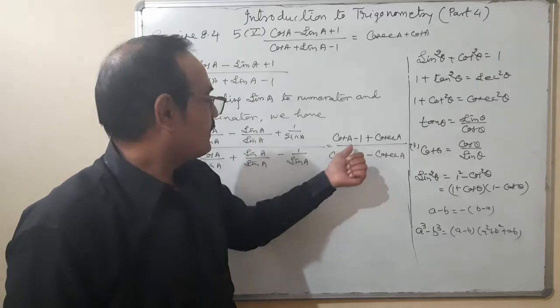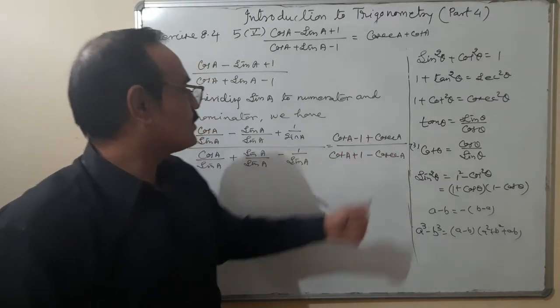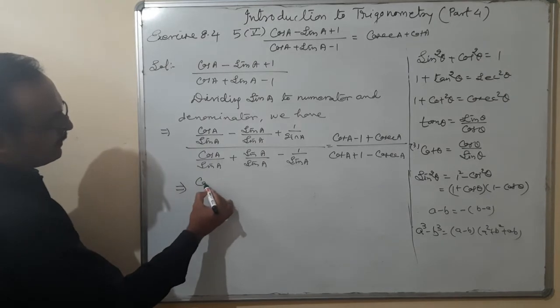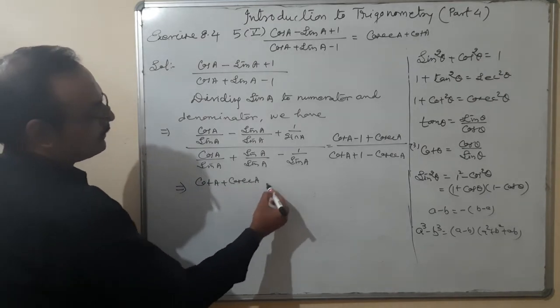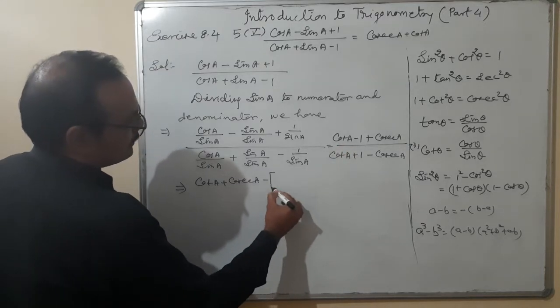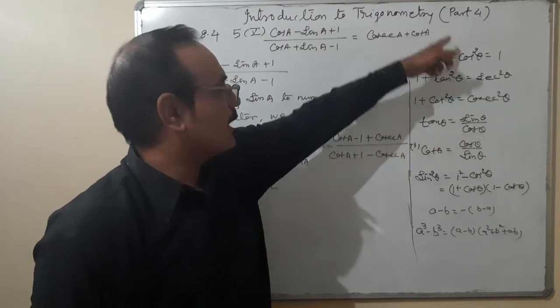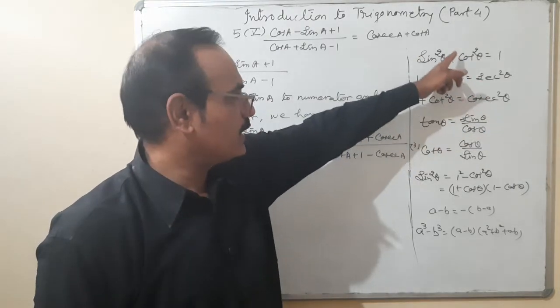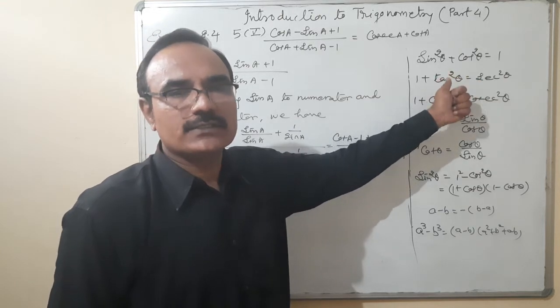I can do one thing here: cot A plus cosec A, cot A plus cosec A minus 1. Now, there are three identities here: one in terms of sin and cos, second is tan and sec, and third is cosec and cot.